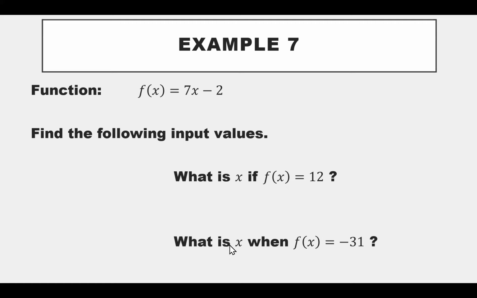You can say, what is x when f of x is equal to negative 31? You can also say, find x when f of x is equal to negative 31, or find x if f of x equals 12. So there's a number of different ways to phrase it, but in the end, you're finding an input value given that you know the output value is a specific number.